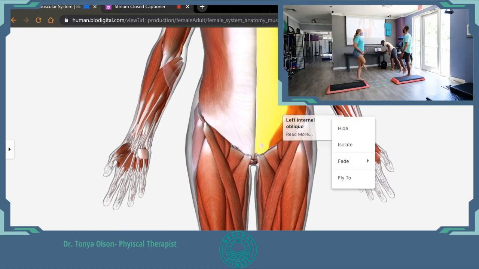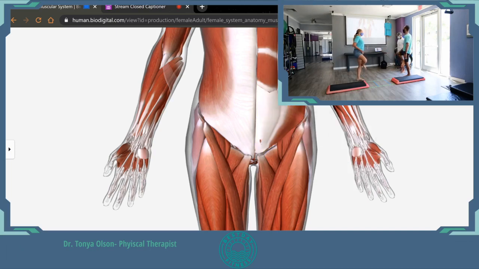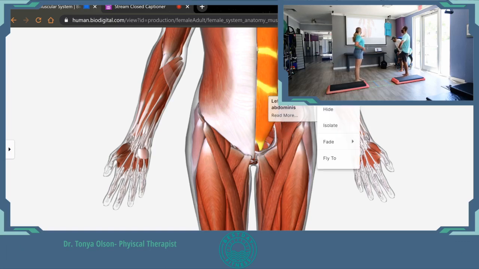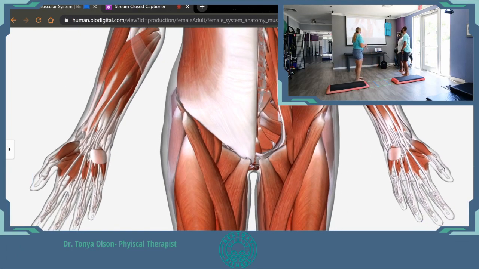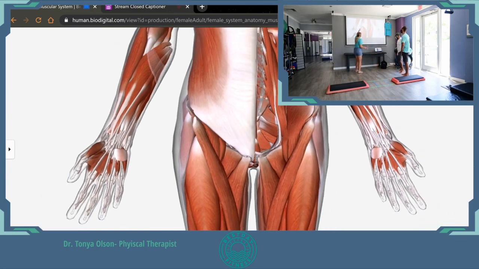And tailor sitting meaning your crisscross applesauce. Do you see how it starts on the iliac crest and runs to the medial knee? If we make that shorter, it's going to bring your leg like this. So that's also a hip flexor.